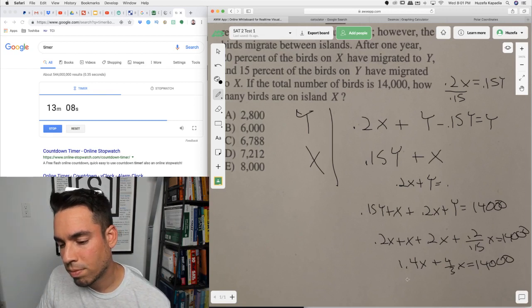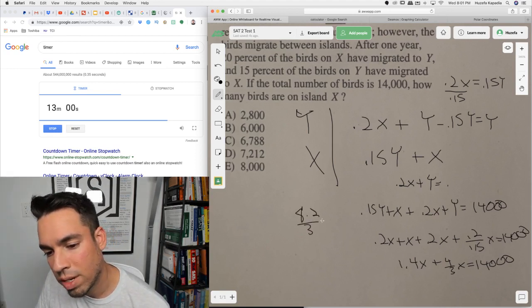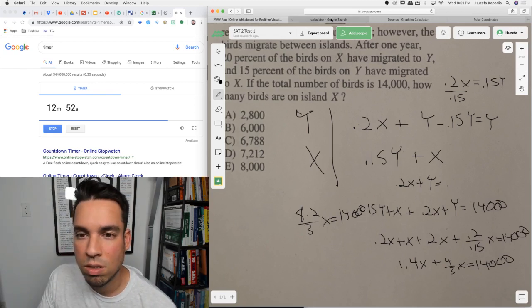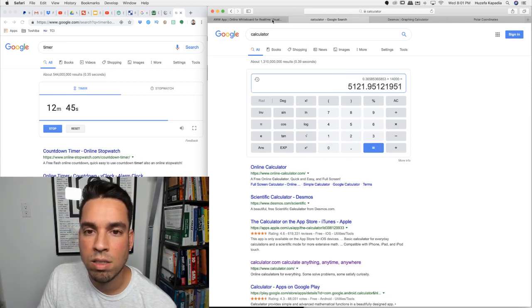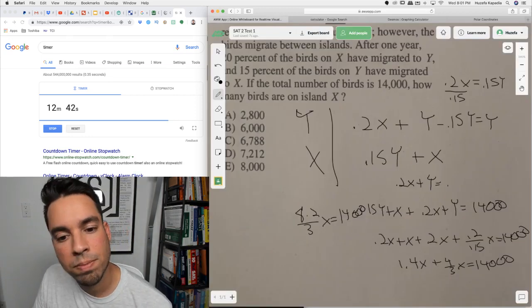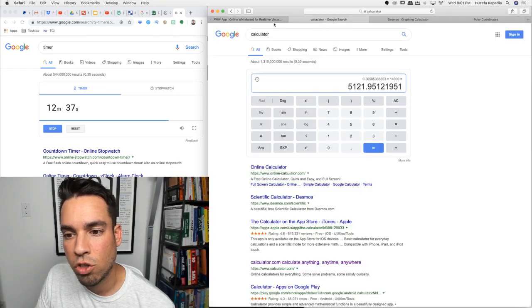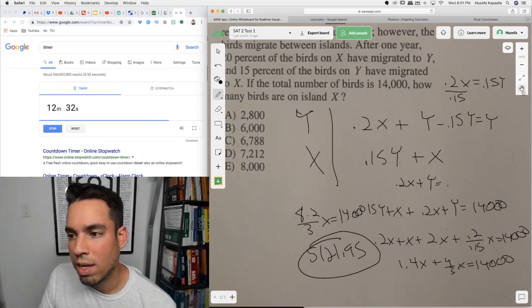So then it's, let's see, 1.4 over 1, 4.2 over 3. So 8.2 over 3x equals 14,000. So then multiply by the reciprocal, 3 over 8.2, times 14,000, so x equaled 5,121.95.